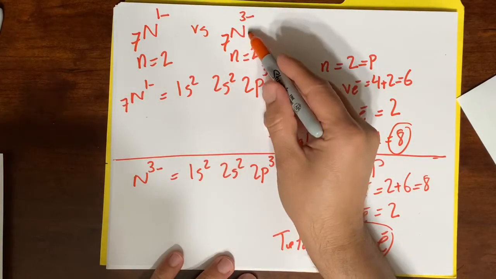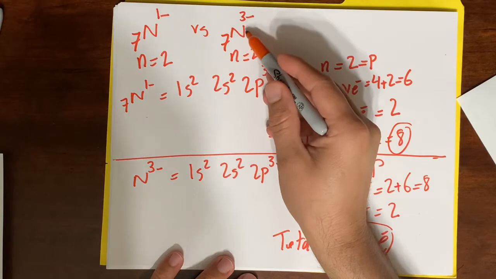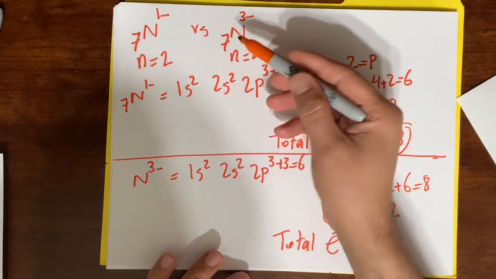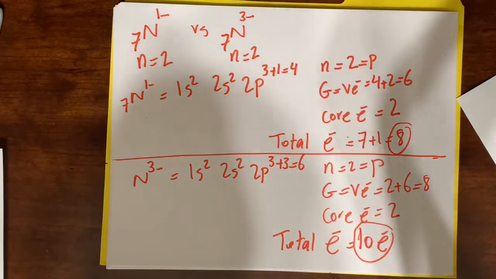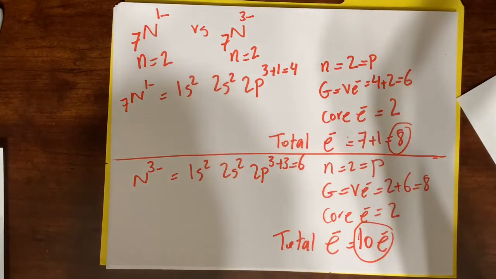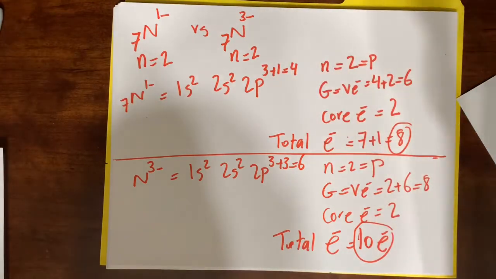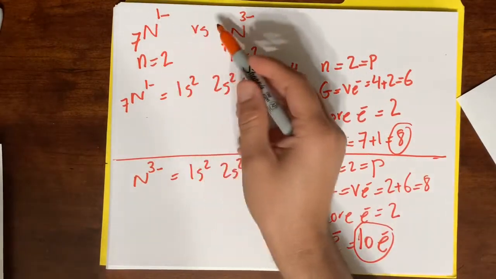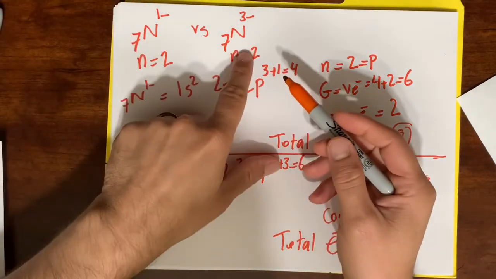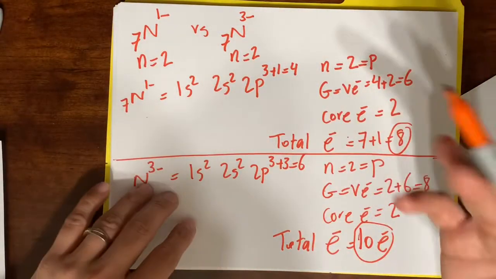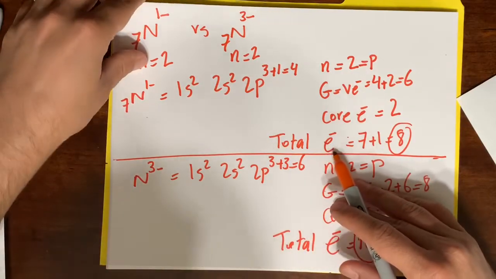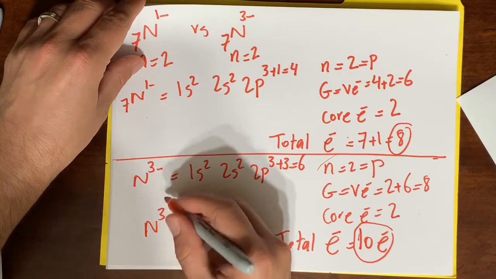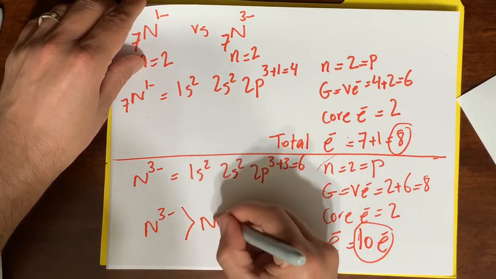This one has more electrons, and it still has the same number of protons. I will say the repulsion is going to be so high that the system has to let the size increase, otherwise it will collapse. Every time you add an electron to the system, that electron comes with negative charge. It will build repulsion. So N3 minus is going to be bigger than N minus 1.